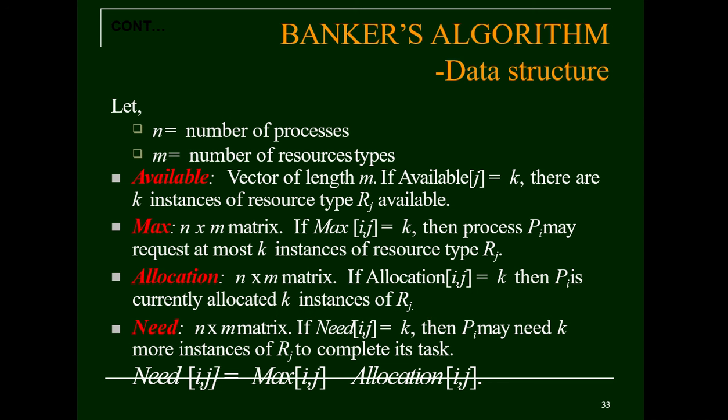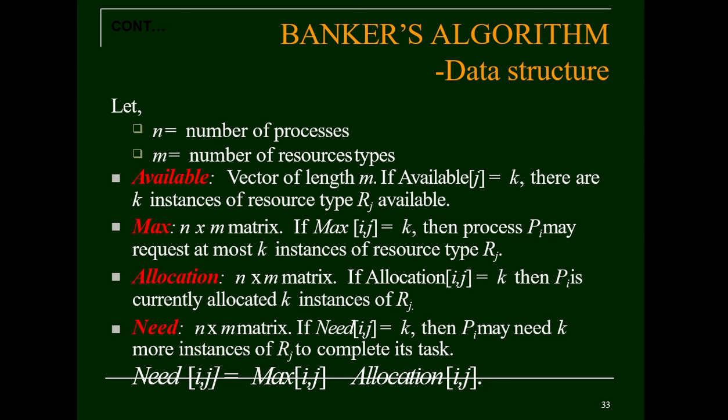Max is an n by m matrix. If Max[i][j] equals k, then the process Pi may request at most k instances of the resource type Rj. This is the maximum need.